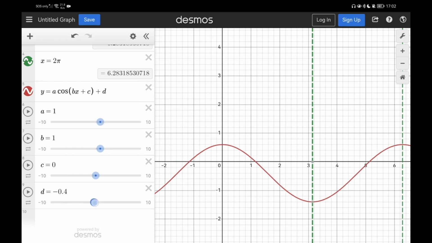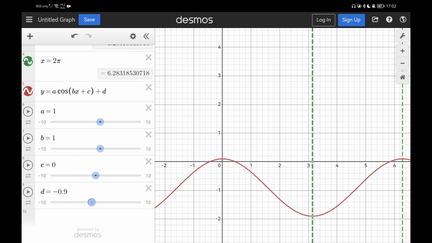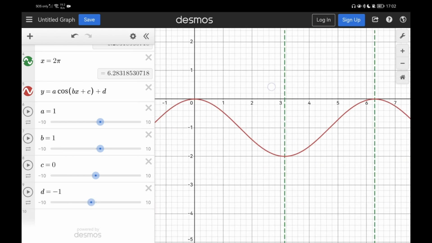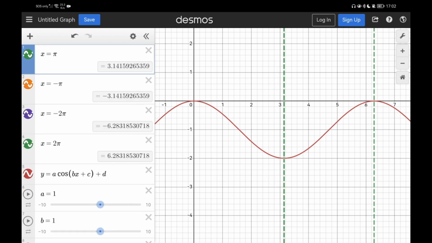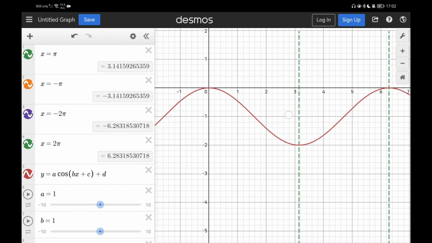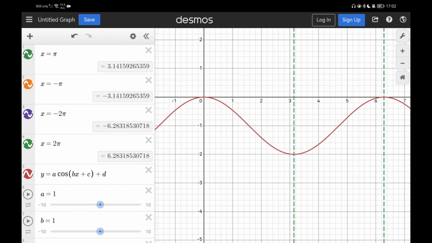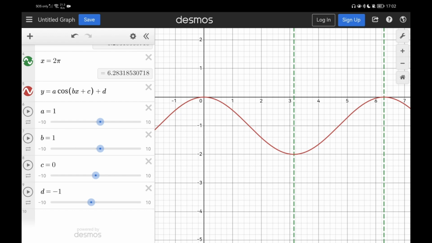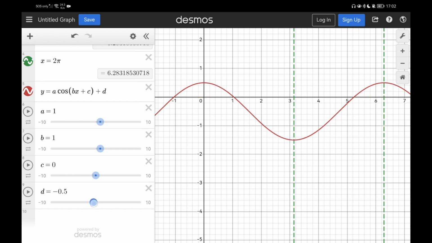Otherwise, if you slide d to -1, it turns out that the graph shifts downwards by 1 unit. So this is clearly evident that for the cosine graph, if you add or subtract d, it will change the graph vertically. All right. So let's recover d back to 0.